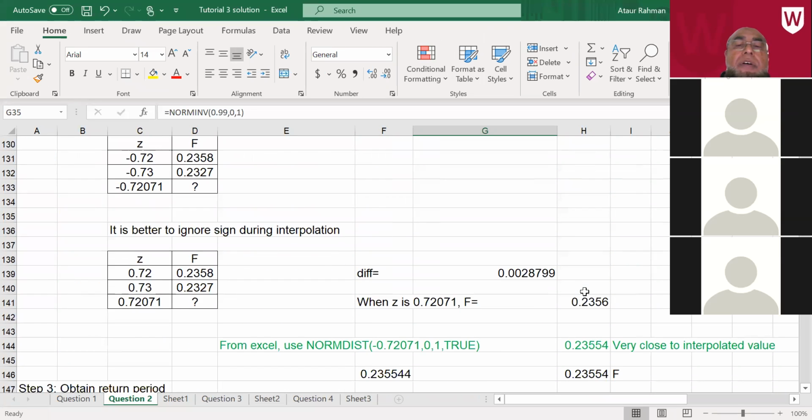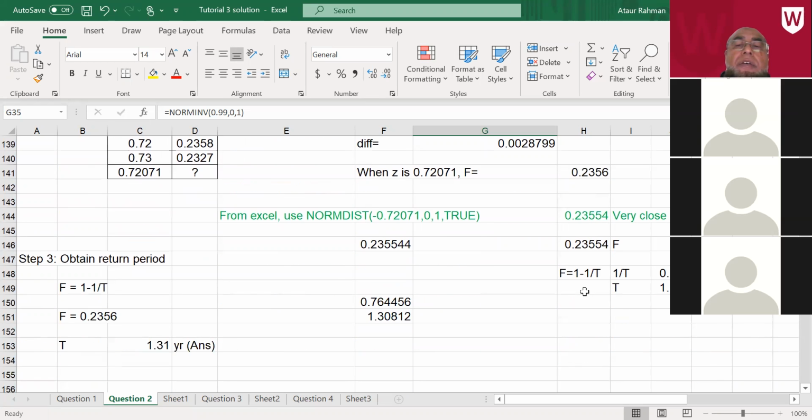Now you're missing F. So how do you find F? For this one, we have the Z value and we are trying to find F. So this is the Z value here. And how do you find the Z?